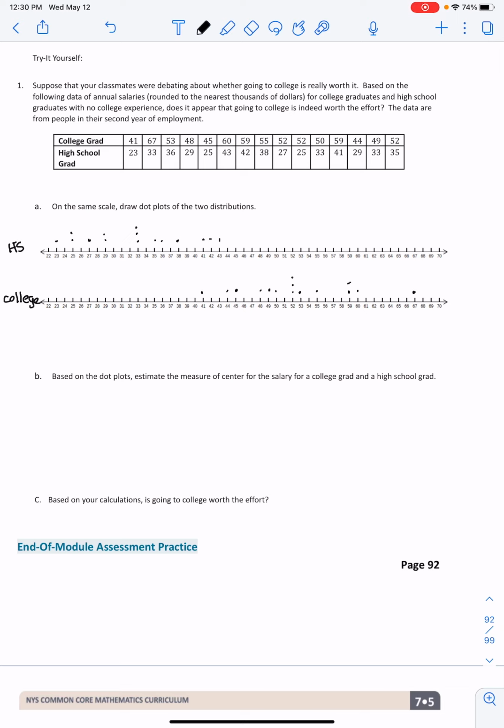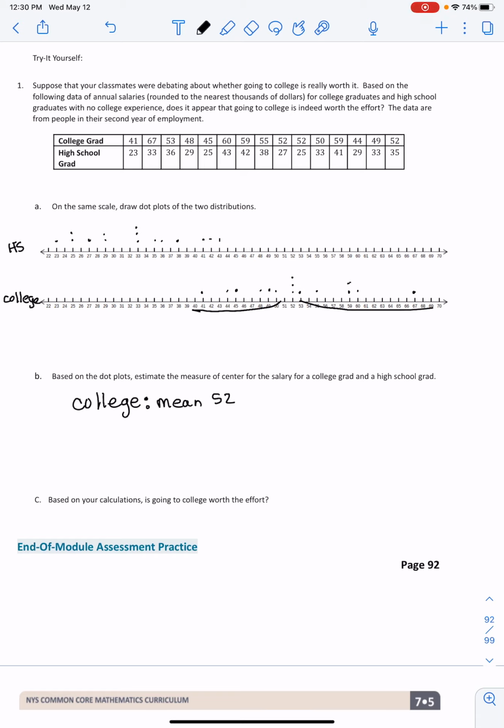Okay, so it says, based on the dot plots, estimate the measure of center. In other words, what's the mean for the college grad and the high school grad? Okay, so for college, if I look at this and kind of look at these numbers, I'm going to guess the mean is 52.